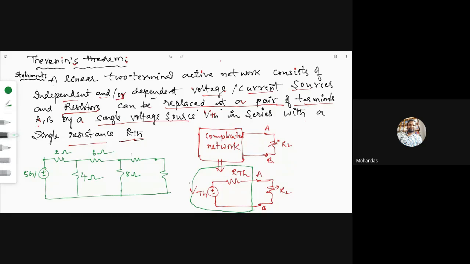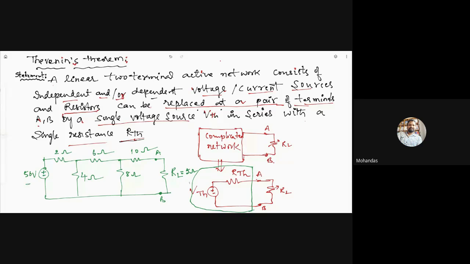For example, let us say this is the circuit, and this load is RL, which is equal to 5 ohms, a 5 ohm load resistance. So let us say this is a linear two-terminal active network consisting of independent sources.